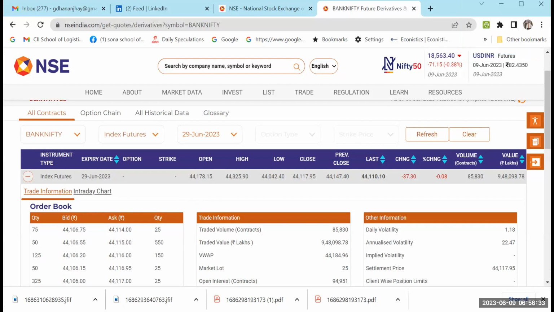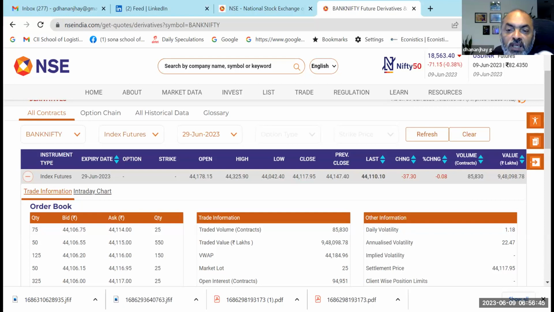Then one lot is equal to how much, sir? Is there anything like that? One lot equal, you have to multiply. Suppose Bank Nifty is how much today? Closing. Okay, sir.